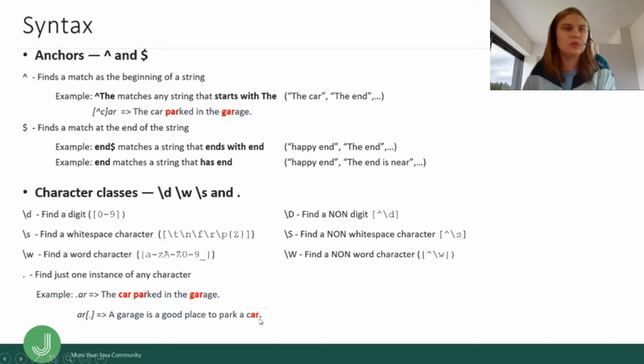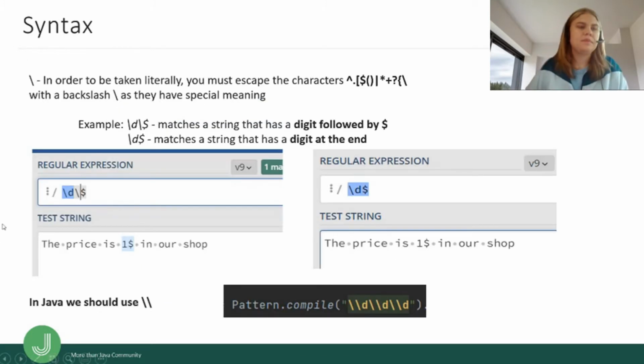Let's move on to the next. Next is the backslash. Why should we use it? Because sometimes symbols should not be taken literally, and this backslash is used to escape some characters.